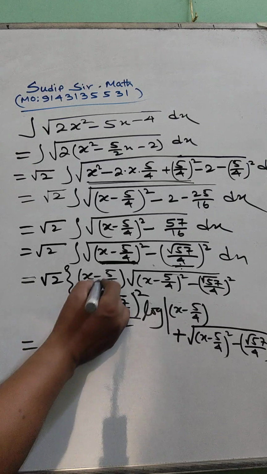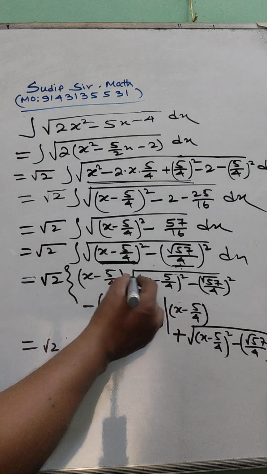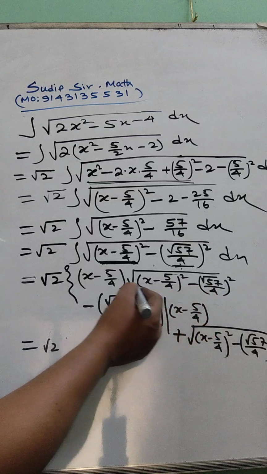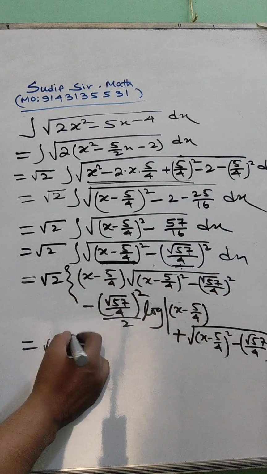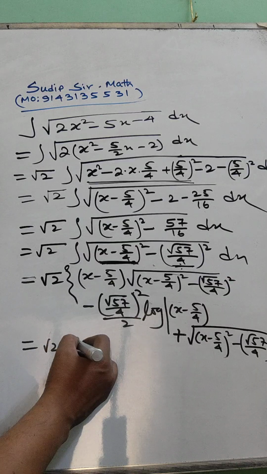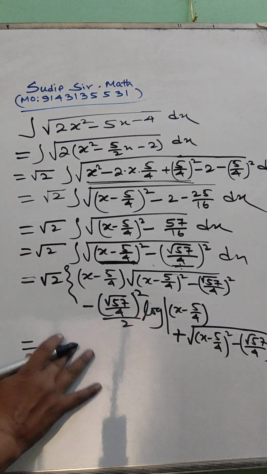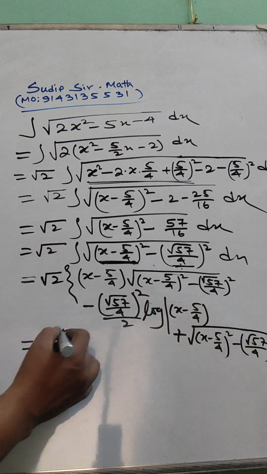Now if we simplify like this, root 2. From this you will get LCM part, that is root 2 into root 2, leave it.